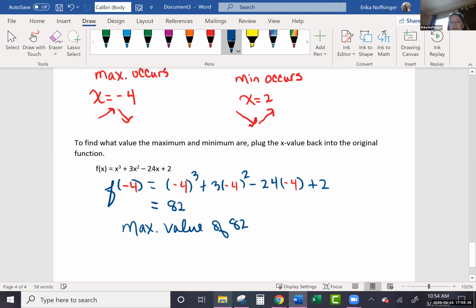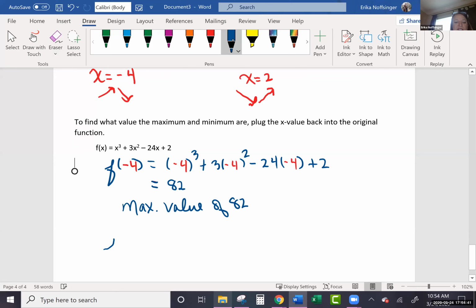And so to find the min value, we know it occurs when x is 2, but we don't know what the y value is. So plug in 2 wherever you see an x in the original. So 2 cubed plus 3 all times 2 squared minus 24 all times 2 plus 2.